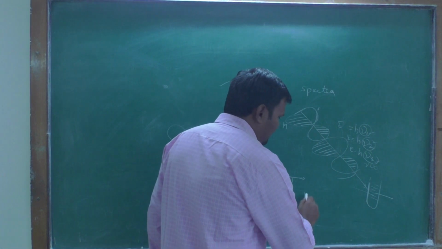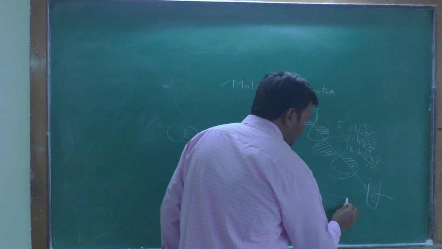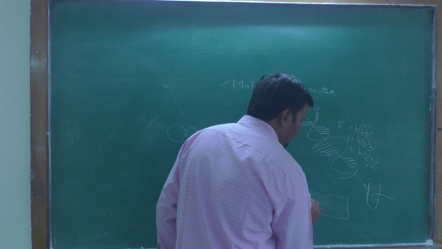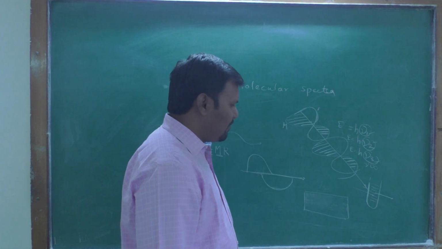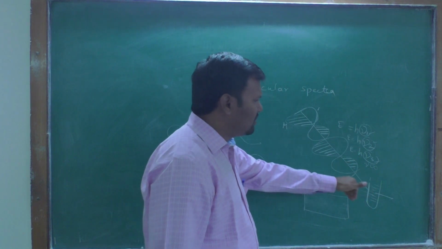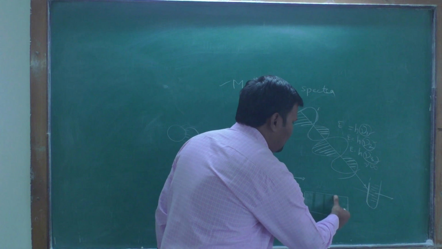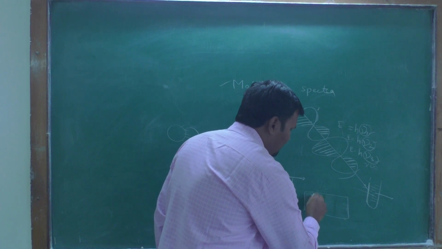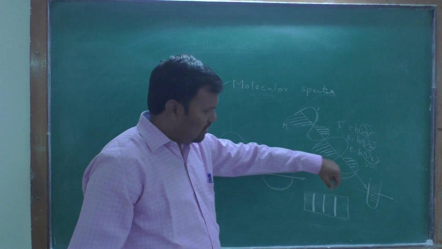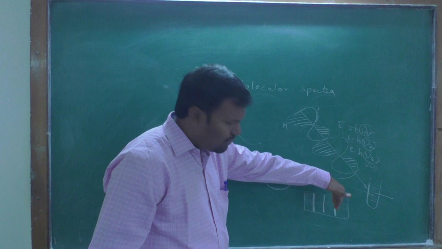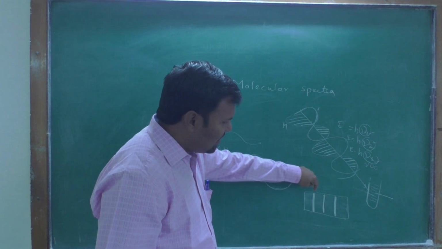Suppose at the start, without the sample, your spectrum is a totally continuous spectrum with all frequencies and wavelengths. But due to absorption, these three frequencies will be absent from this continuous spectrum, because they are absorbed by the matter.